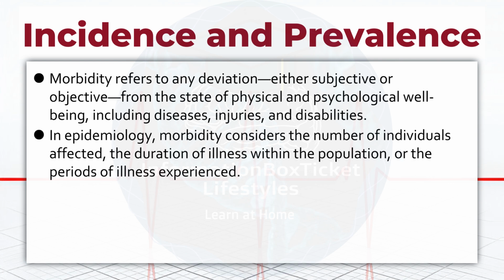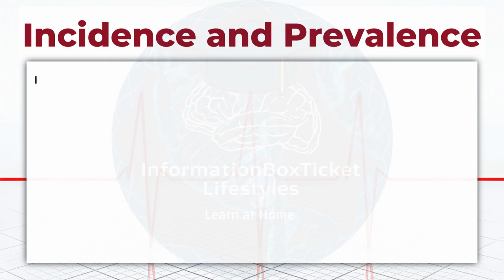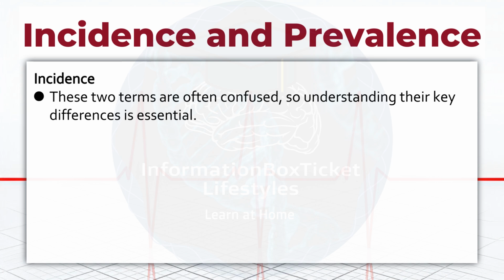In epidemiology, morbidity considers the number of individuals affected, the duration of illness within the population, or the periods of illness experienced. Incidence and prevalence are the most commonly used measures to quantify the frequency of morbidity. These two terms are often confused, so understanding their key differences is essential.